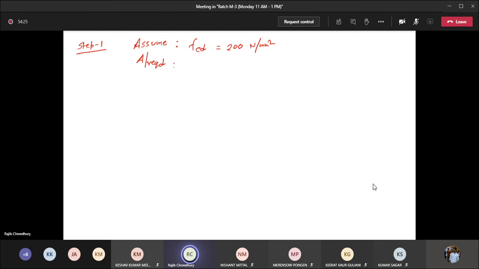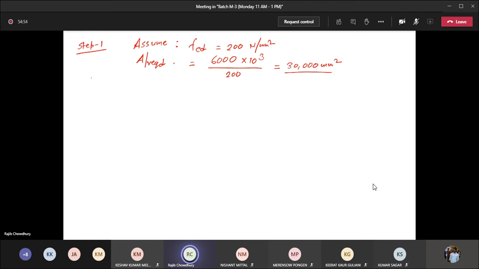Area required is 6,000 times 10 to the power 3 Newton divided by 200 Newton per mm square. So this gives me around 30,000 mm square area.